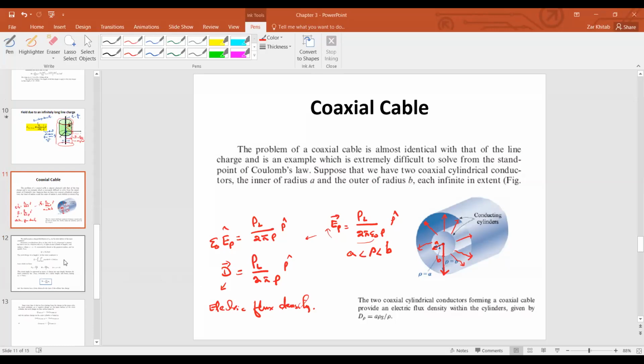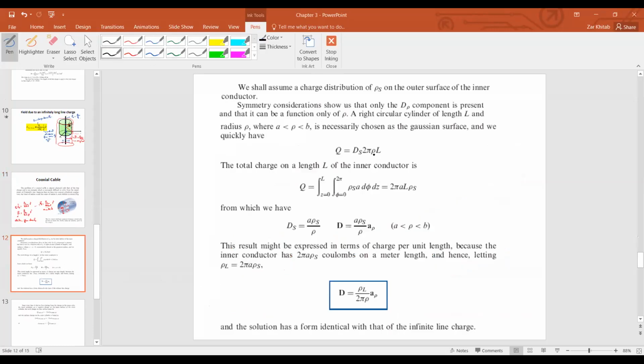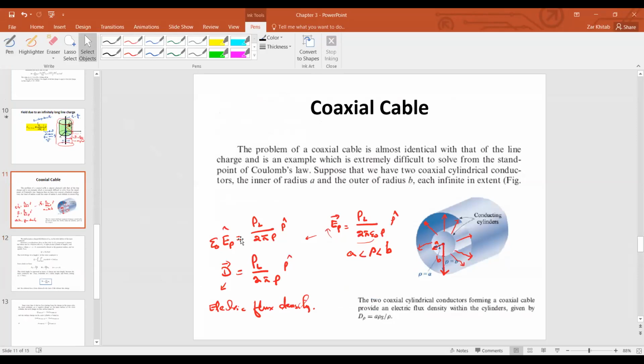Okay. So the D on the inner surface, if you again look at the same equation, rho L is how much? It is Q divided by the length of the coaxial cable, in the direction rho, divided by 2 pi rho. So D equals charge divided by length divided by 2 pi rho in the direction rho.